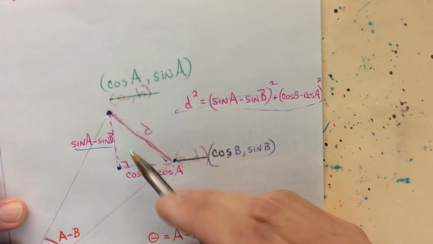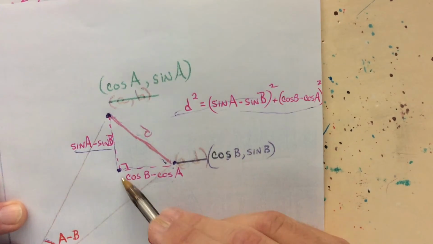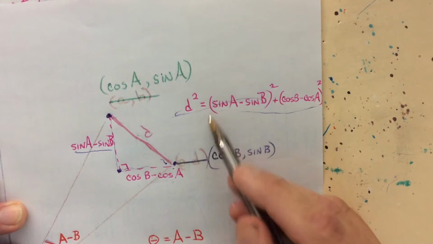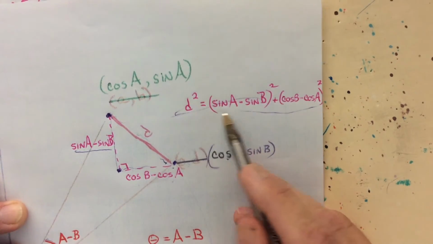This squared plus this squared gives d squared, which is equal to this.